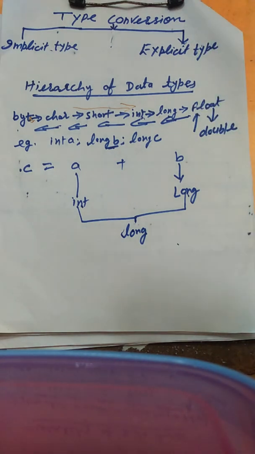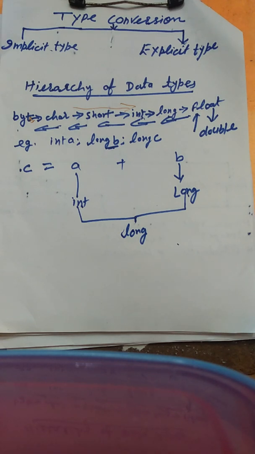Now next is explicit. Explicit type conversion is another way of type conversion in which the data type gets converted to another type depending upon the user's choice.